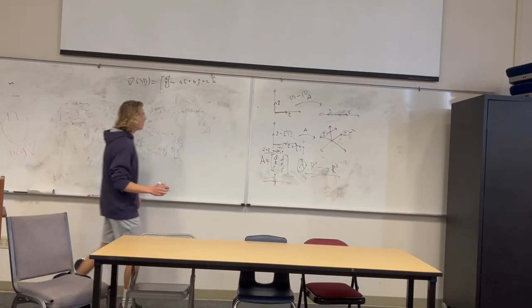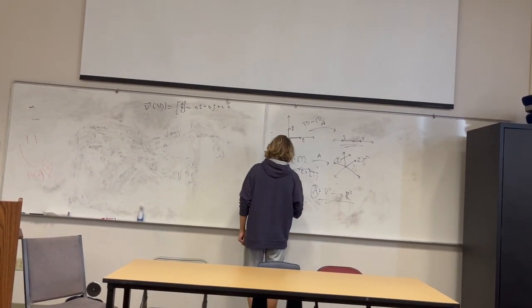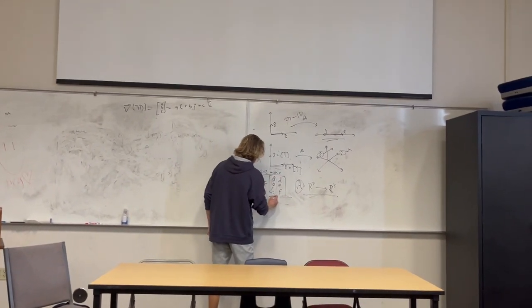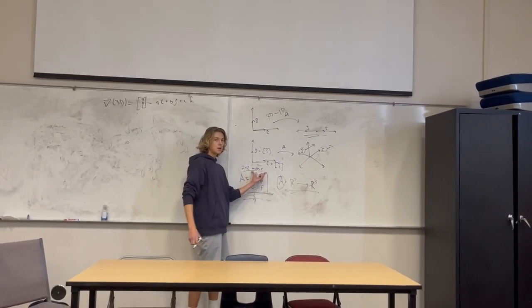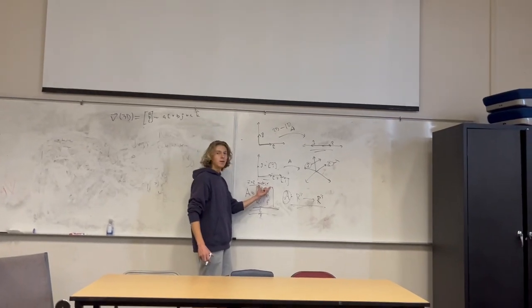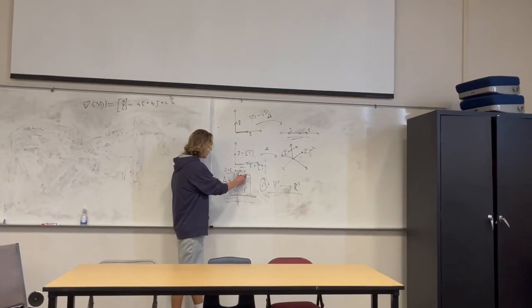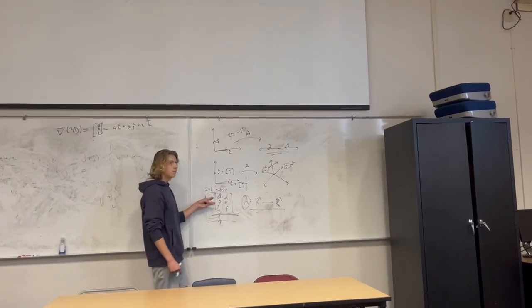Right here, we still have our 2, so the number of columns represents the initial dimension that we were in. We were initially in 2 dimensions, and the number of rows tells us we're now in 3 dimensions.